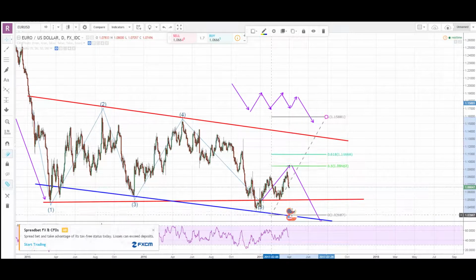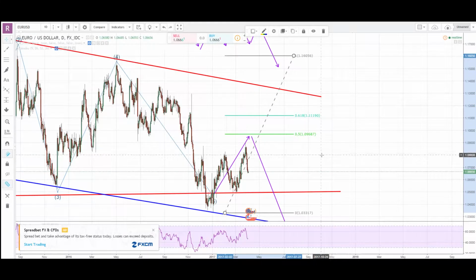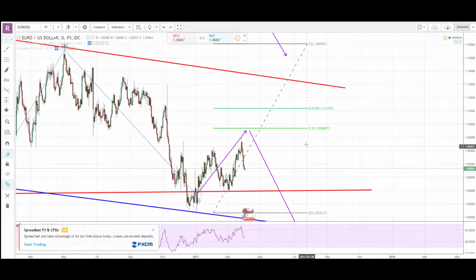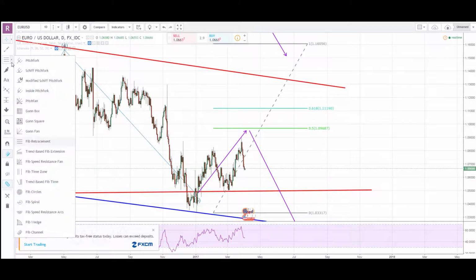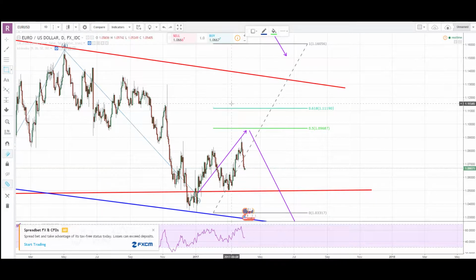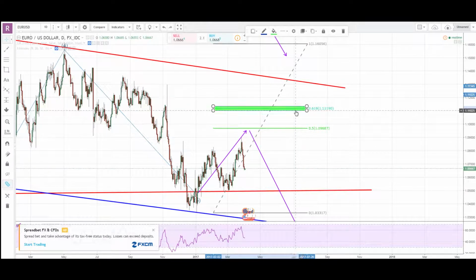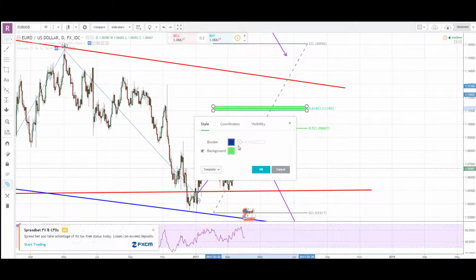I take this swing low to the swing high, and as you can see, there are 2 viable levels, the 0.5 and the 0.618. From statistics, it's shown that the 0.618 is the most commonly touched level of all.